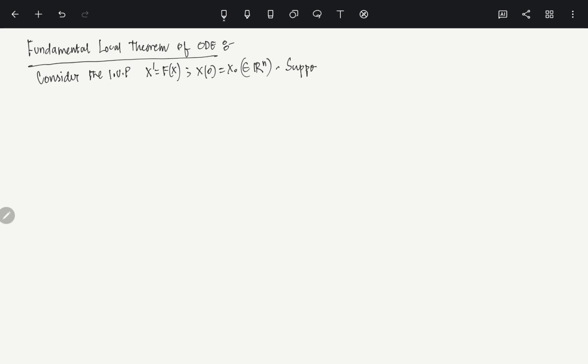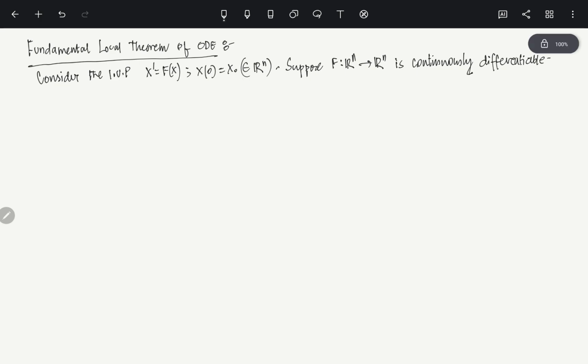Suppose, and this is the condition which we need, f from Rn to Rn is continuously differentiable. So f is a vector field which is continuously differentiable. Basically what it means is that the first order derivatives exist and are continuous.